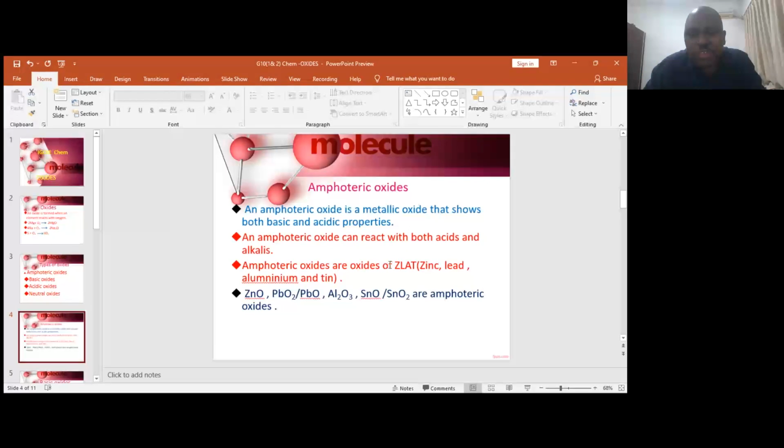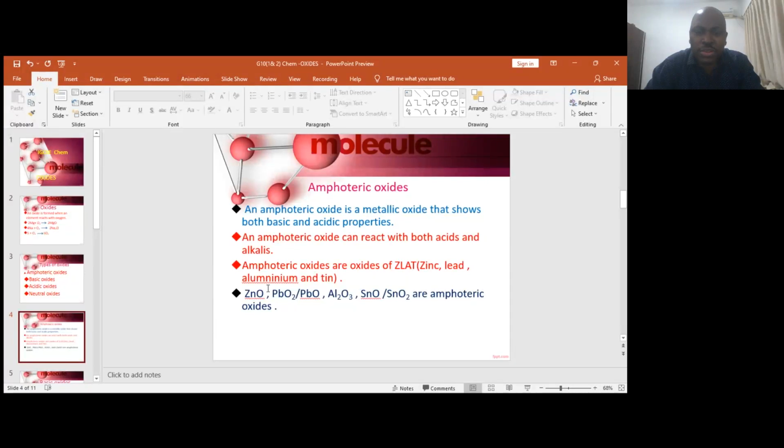And we remember amphoteric oxides with SLAT. Can you see what I'm pointing at? SLAT: zinc, lead, aluminum, and tin. So oxides of zinc, lead, aluminum, and tin are amphoteric. SLAT, don't forget SLAT.